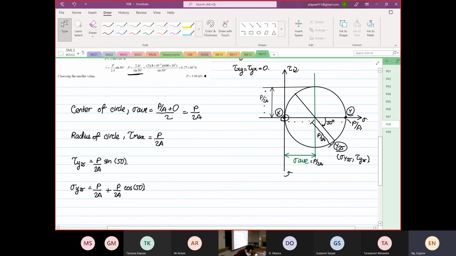Why is that the case? Because if I were to draw the triangle, if I were to sketch the triangle, right? So we know that over here, this is your stress Y25.